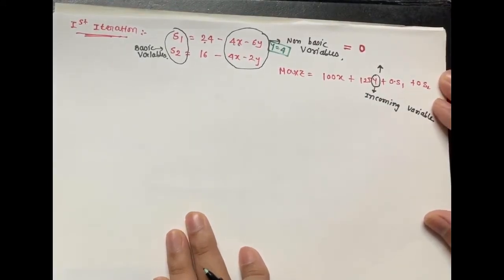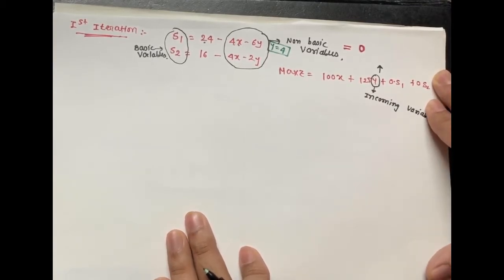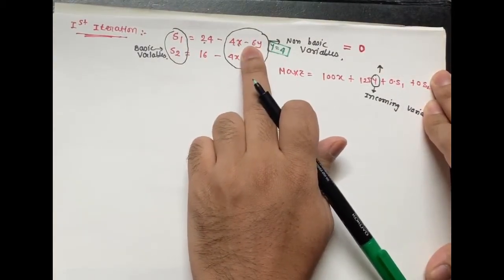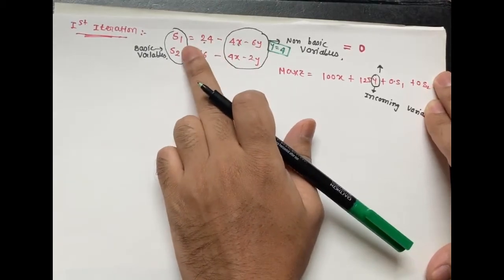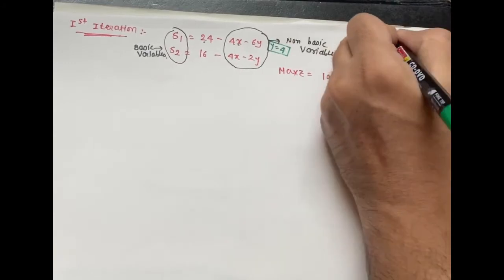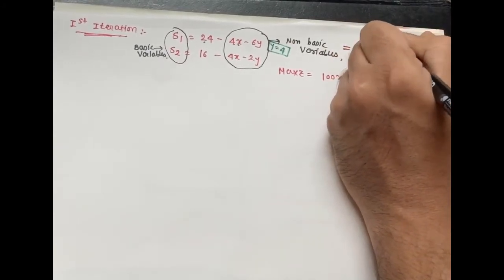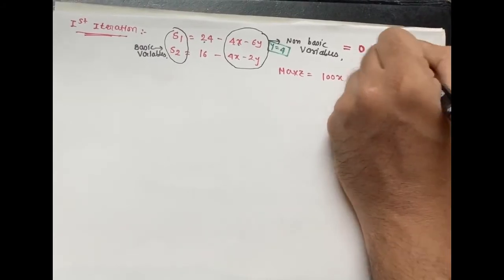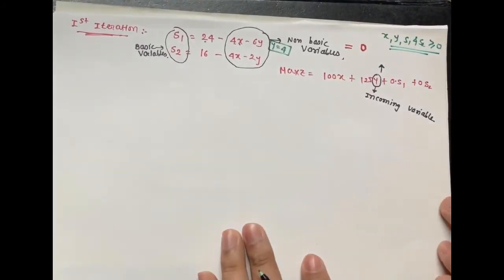If I increase y further, by 1 extra unit, to 5, then 24 minus 30 makes the value of s1 negative. That violates the non-negativity condition, because we initially stated that x, y, s1 and s2 should be greater than or equal to 0. This condition has to be followed every time.